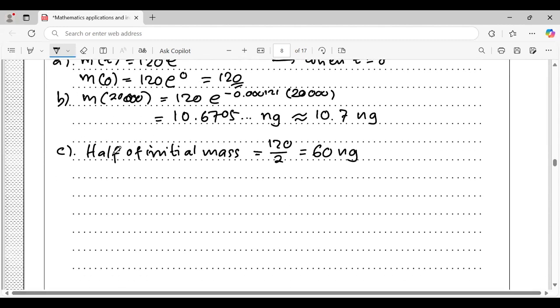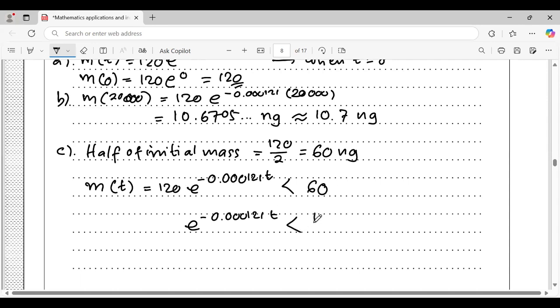The mass of the radioactive carbon is less than half of the sample, so we write M(t) equals 120 e to the power minus 0.0000121 t less than 60. We can simplify to e to the power minus 0.0000121 t less than 60 divided by 120, which is one half.